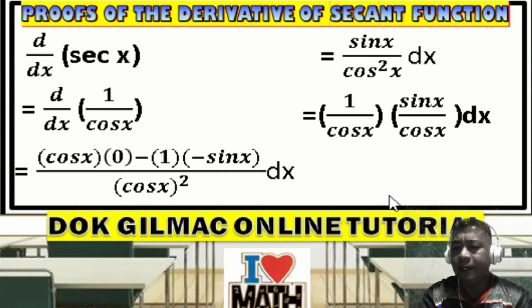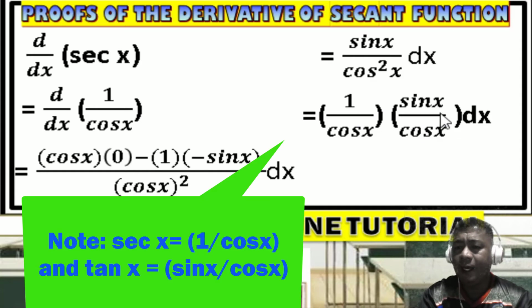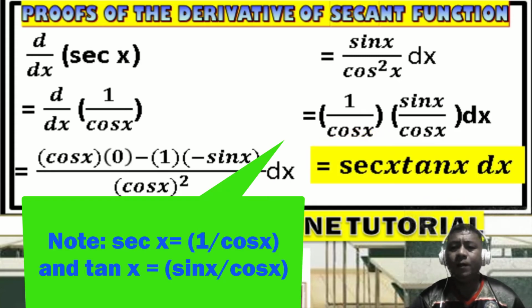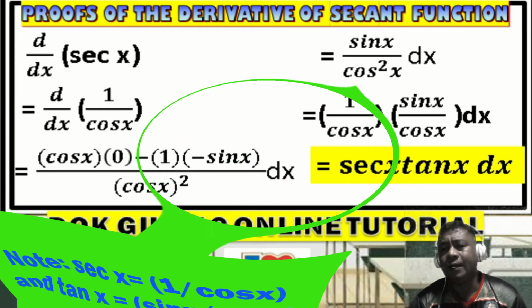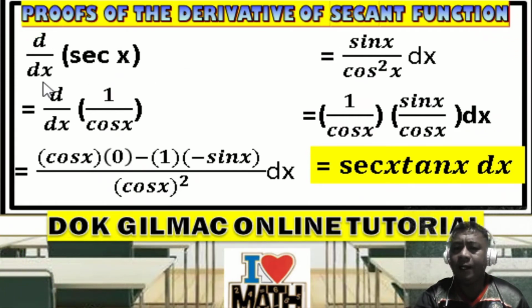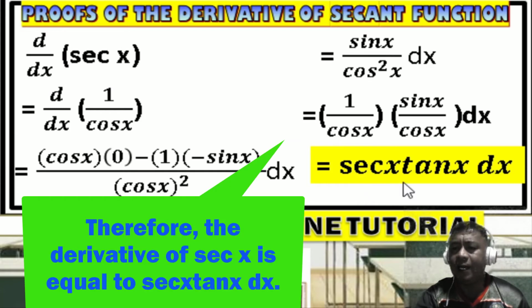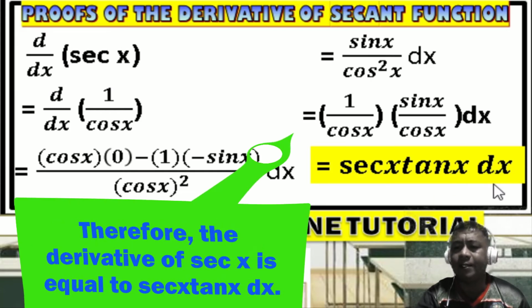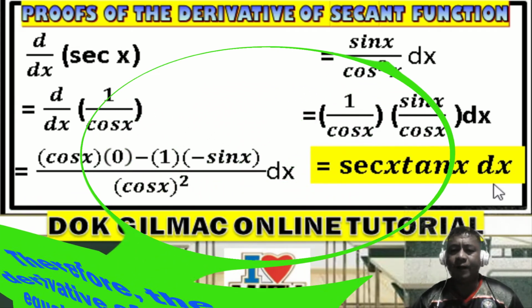Simplifying further, take note, 1 over cosine is simply equal to secant x, and sine x over cosine x is simply equal to tangent x. This is just equal to secant x tangent x dx. So therefore, we can say that the derivative of secant x is just equal to secant x tangent x dx. So take note of that.